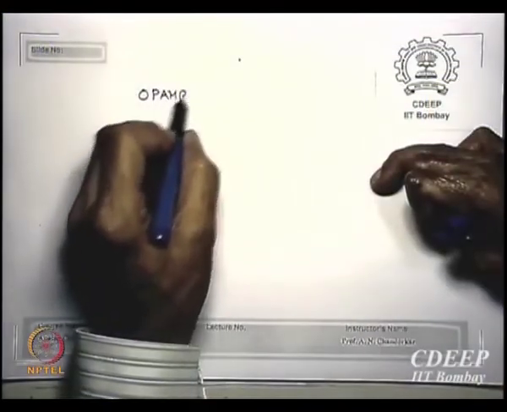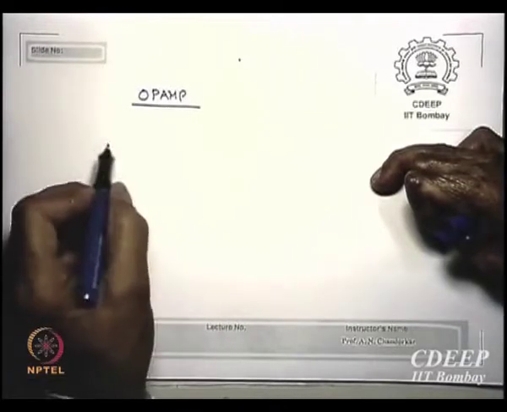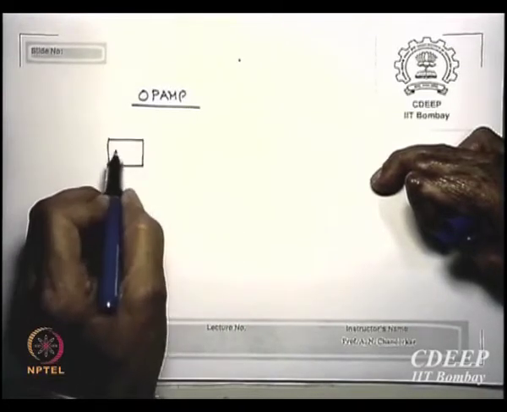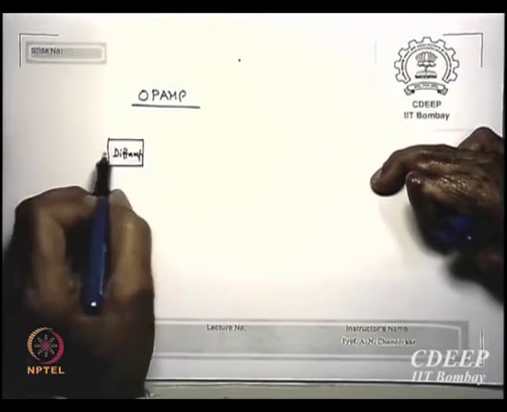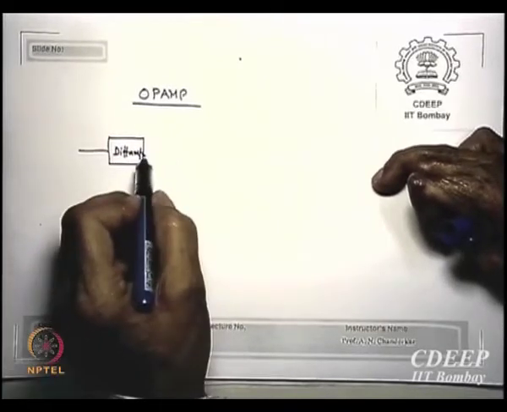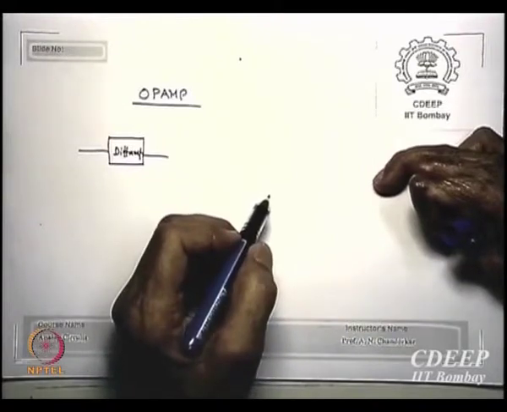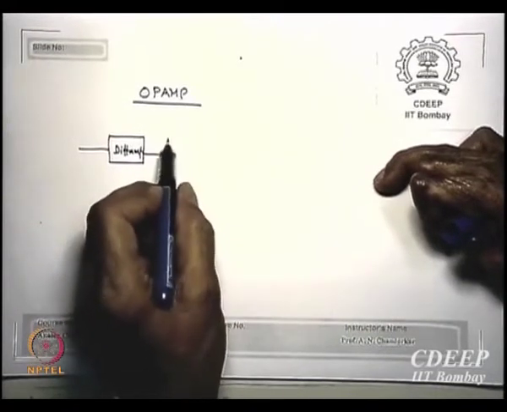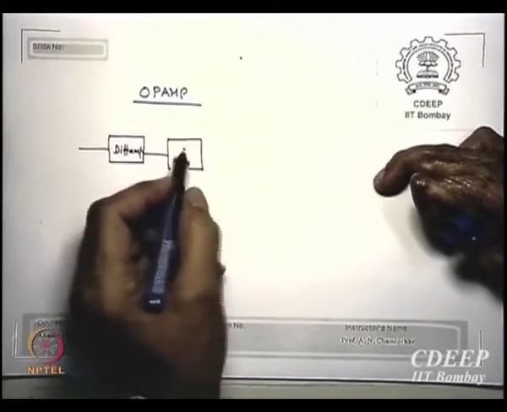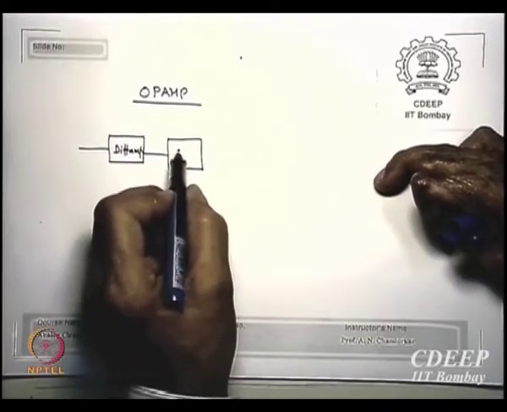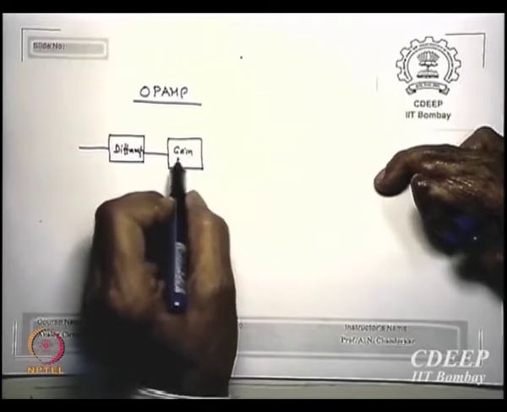A typical op-amp will have first block, as we shall call, diff-amp, differential amplifier. Then I'll put the second stage, we will say gain stage.